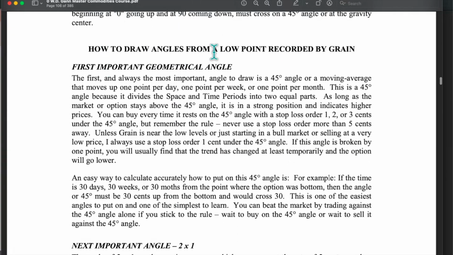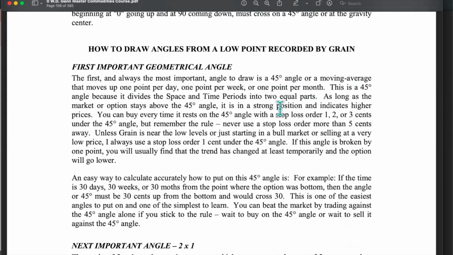How to draw angles from a low point recorded by grain. First important geometrical angle. Now, this is the most important thing that we need to analyze. The first and always the most important angle to draw is a 45-degree angle or a moving average that moves up 1 point per day, 1 point per week, or 1 point per month.